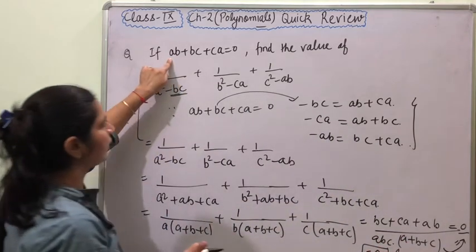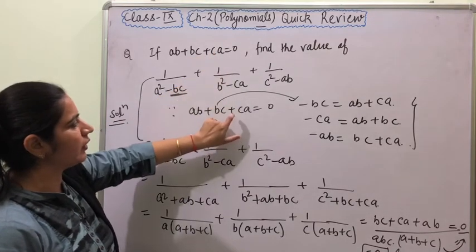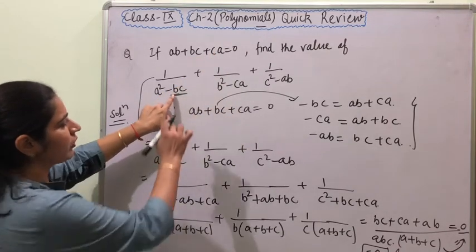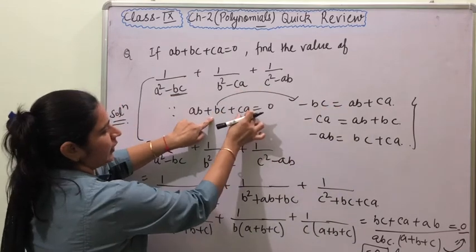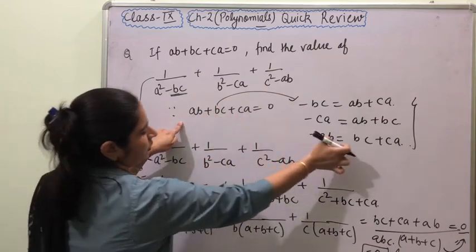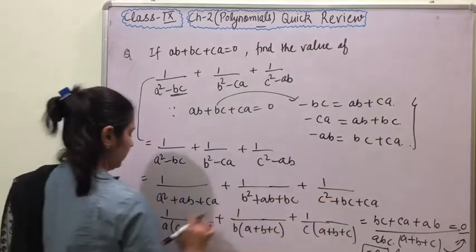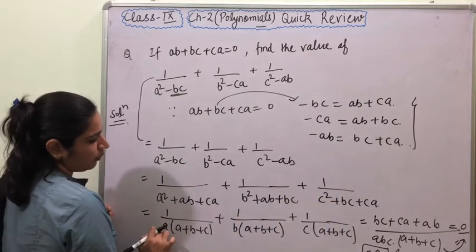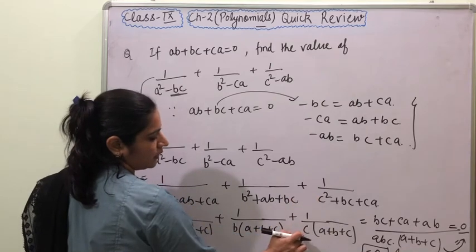Again I am explaining. This was the given condition. With the help of this given condition, we found the value of minus bc, which is equal to this one, minus ca equal to this one, and minus ab equal to this one. After that we substituted the values, took a common out, b common out, and from the last term c common out.